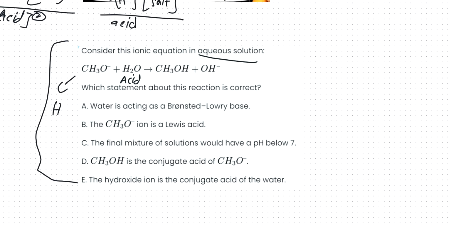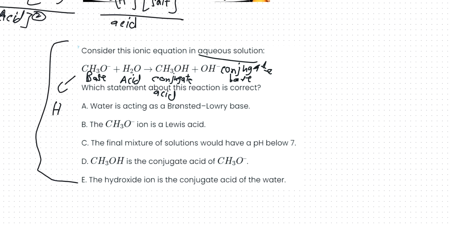I told you bases have conjugate acids. So the conjugate acid is this. And because water is acting as an acid here, this would be the conjugate base. All right. So what are my options?